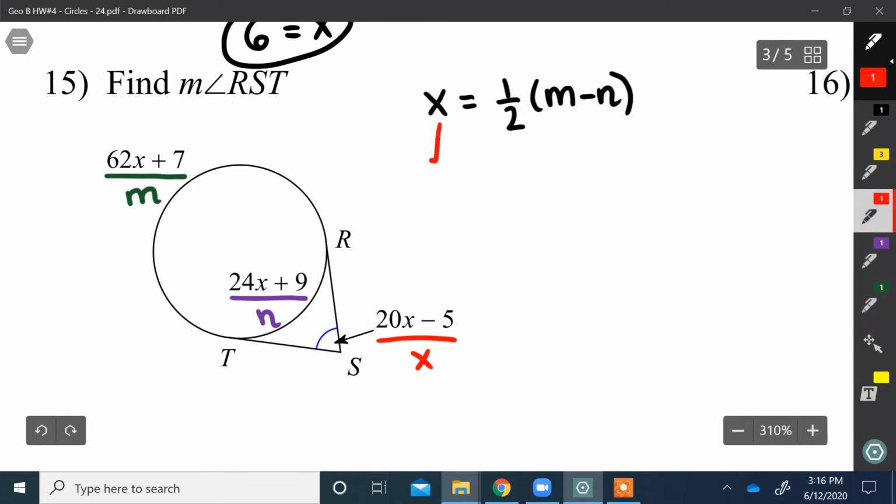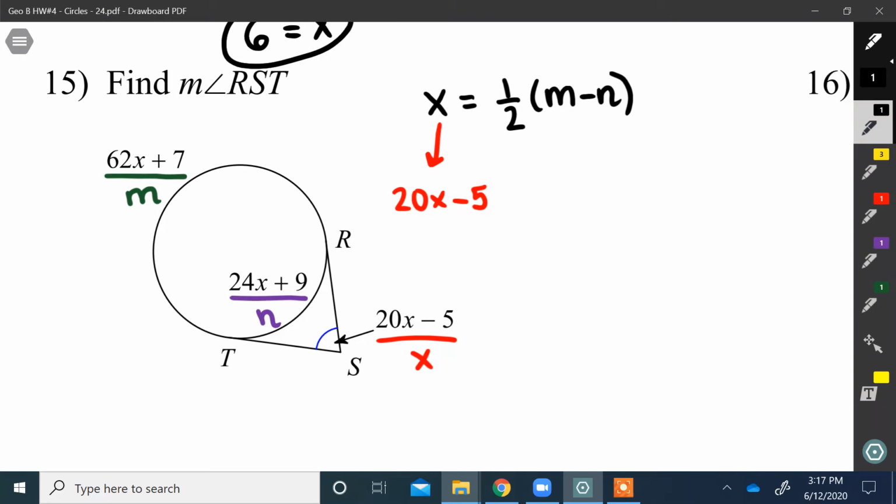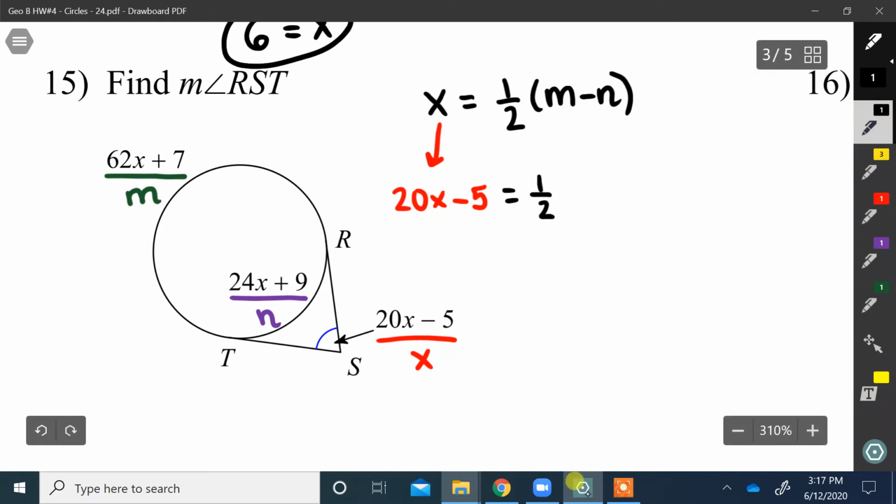So the x, one more time, is 20x minus 5, is equal to... actually, let me rewrite, because I don't like fractions. You can always rewrite this as 2x is equal to m minus n. So instead, I'm gonna write the x like that. I think that will make it a little bit easier.